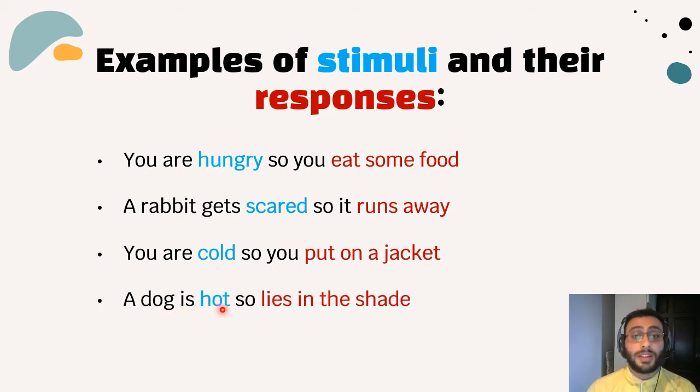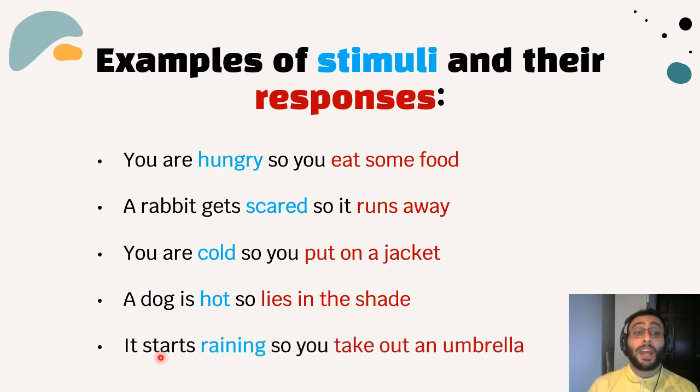A dog is hot. Hot is the stimulus. So it lies in the shade. It goes in its tiny house. That is its response. Oh, it starts raining. Rain is a stimulus here. So you take out an umbrella. That is your response.